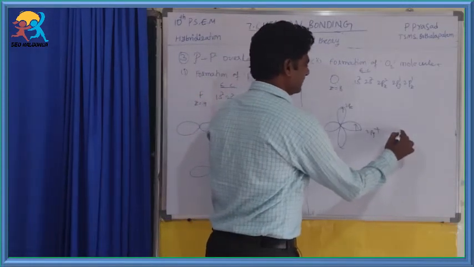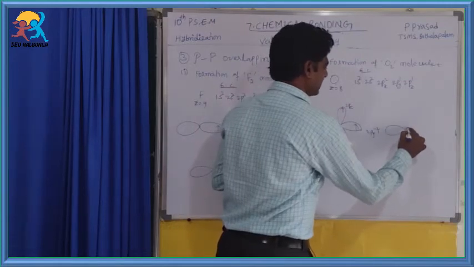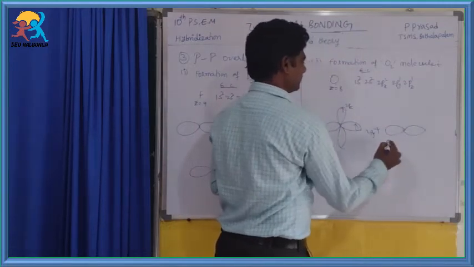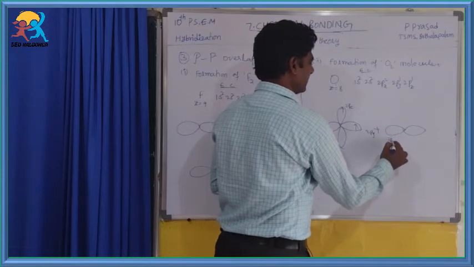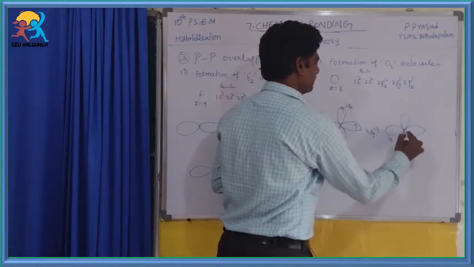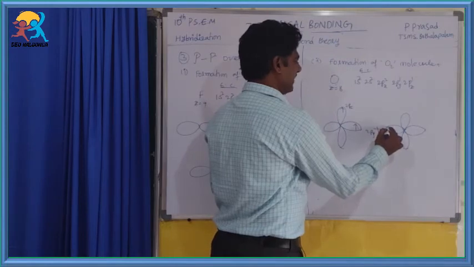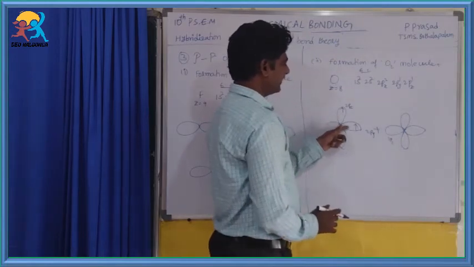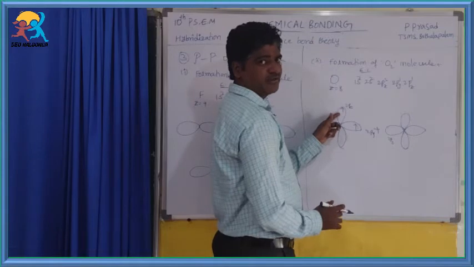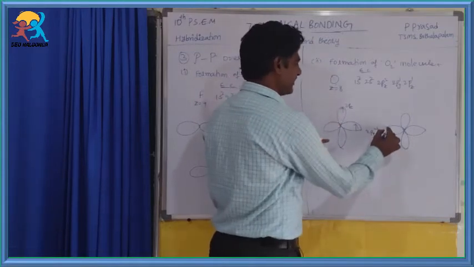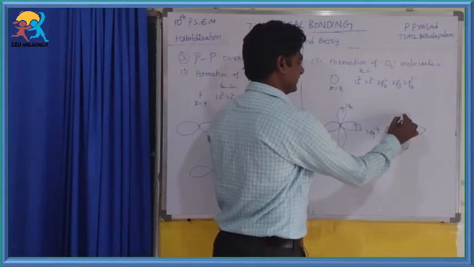So we have to take another oxygen atom, which also consists of the same 2py and 2pz. They should have opposite spin. So if this atom has clockwise direction of electrons, the other should have anti-clockwise direction.